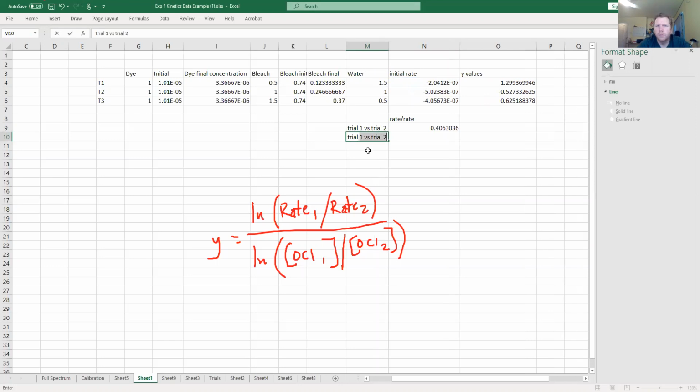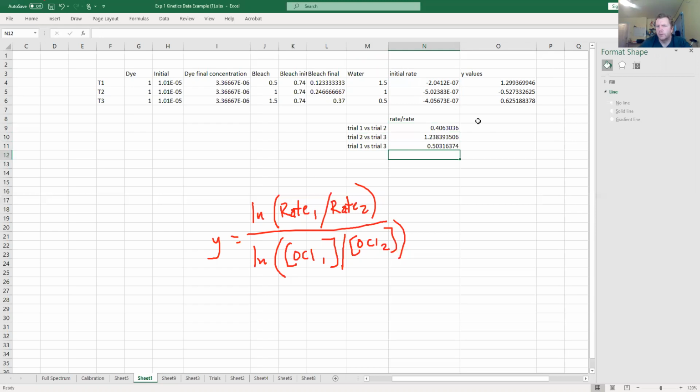Actually I think what I did was trial 2 versus trial 3. And then trial 1 versus trial 3. Okay, so I'm going to set up 1 versus 2, 2 versus 3. So 2 versus 3 is going to be this divided by this. Okay, next up is 1 versus 3, 1 divided by 3. Okay, so there's all of my rates.